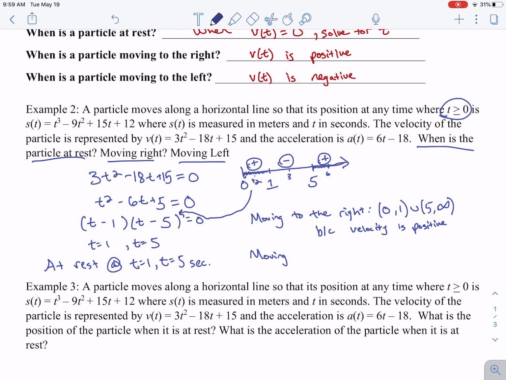And we're moving to the left between 1 and 5, because velocity is negative.